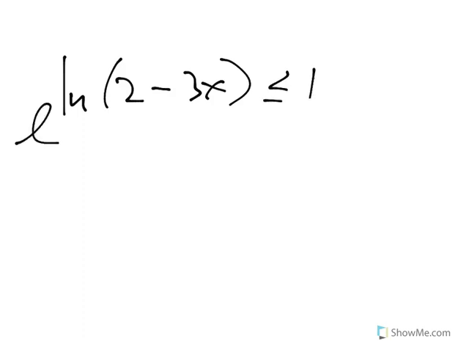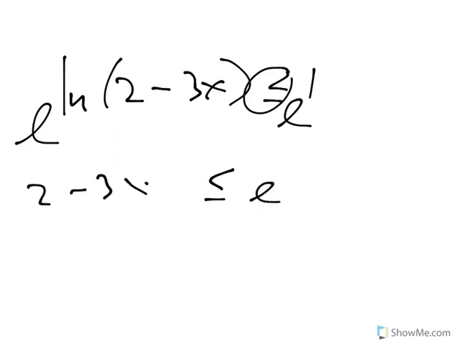If it says ln instead, no problem. Stick a big e here and a big e there. You do not need to change the direction of the sign, because e is bigger than 1. And I get 2 minus 3x is less than or equal to e.